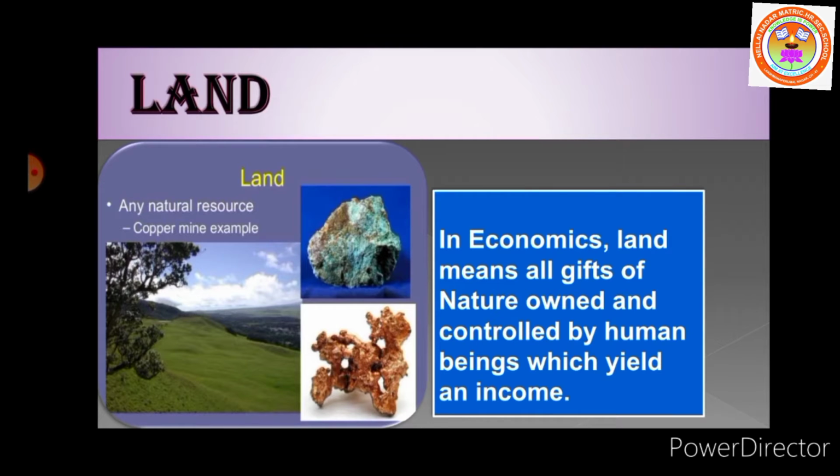It does not mean only the surface of the soil, but it also includes all those natural resources which are free gifts of nature. The natural gifts include rivers, forests, mountains and oceans, heat of sun, light, climate, weather, rainfall, which are above the surface of land, and minerals under the surface of the earth like iron, coal, copper. These are all called gifts of nature.